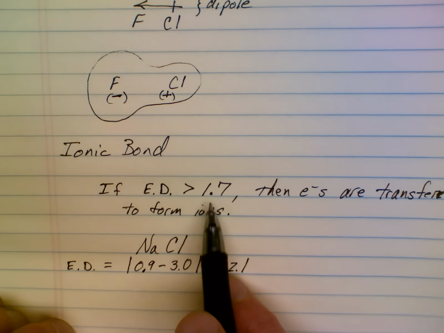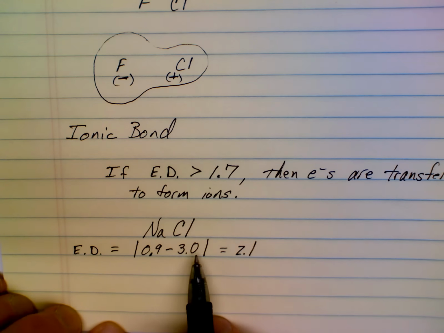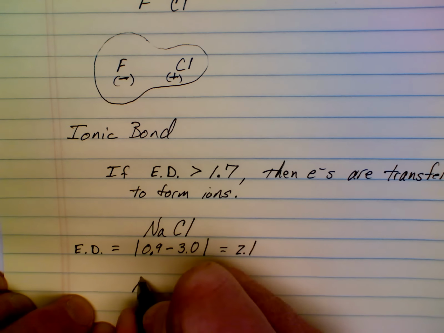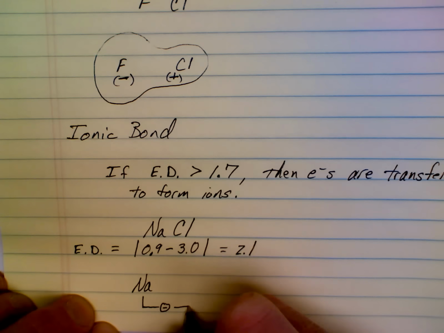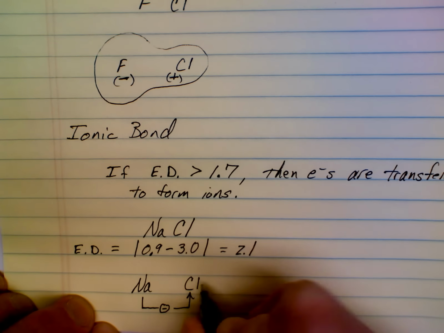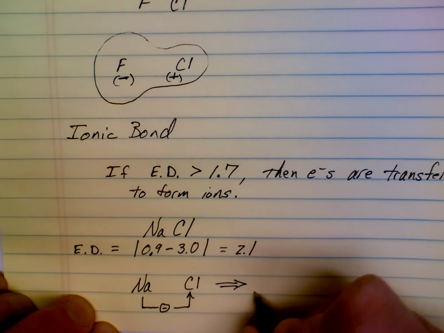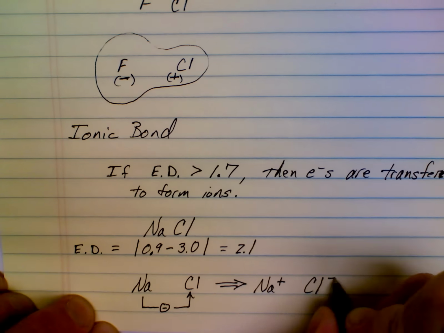So again, the chlorine, having the greater electronegativity, the greater attraction for the electrons, is going to pull that electron from the sodium. So we started off with the two being neutral, but then the sodium will give up its electron entirely to the chlorine. And the result would be a sodium ion and a chloride ion.